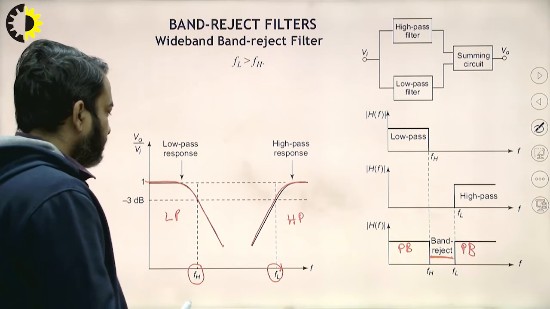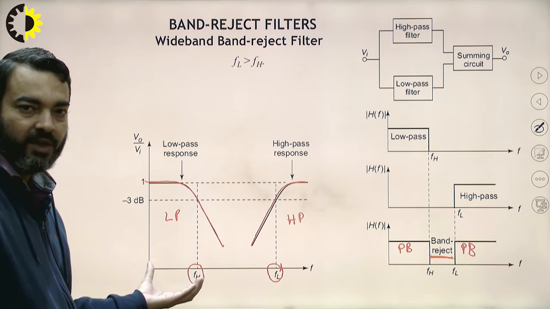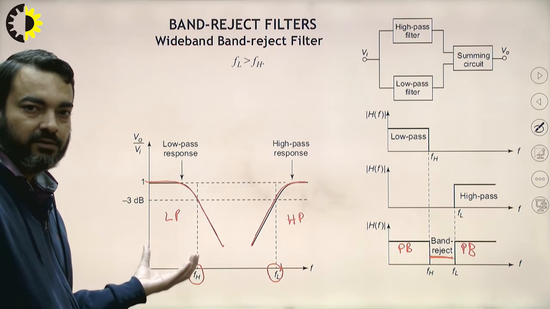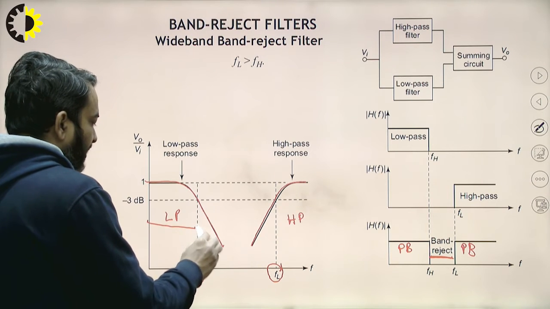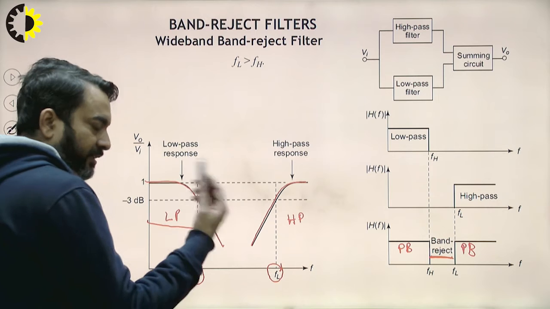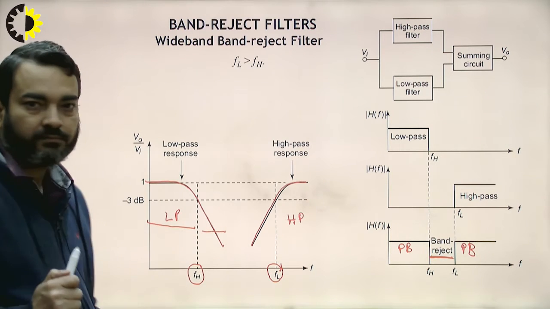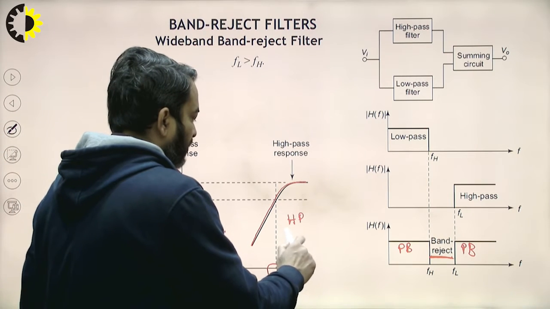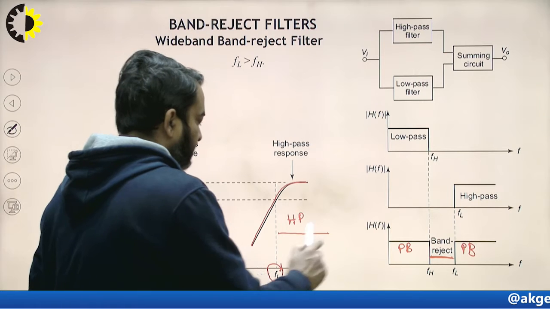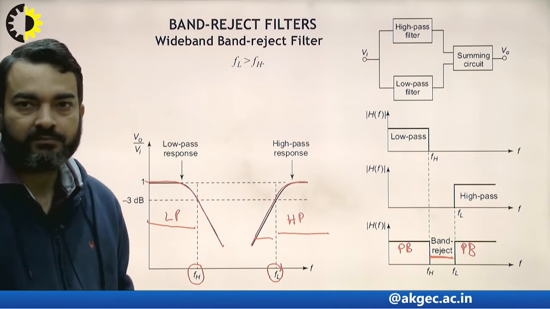So here first we will use a low pass response. This low pass response will pass these frequencies, but it will block the frequencies beyond FH. Then we will use a high pass response which will pass these frequencies, but it will block the frequencies below FL.